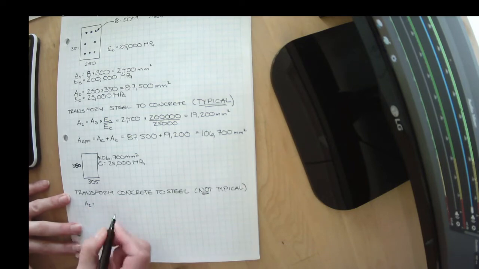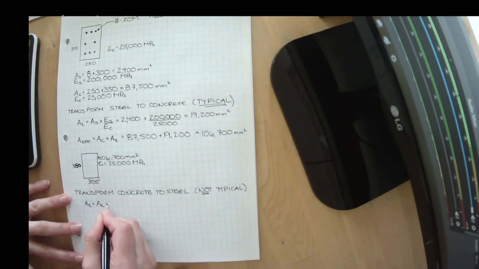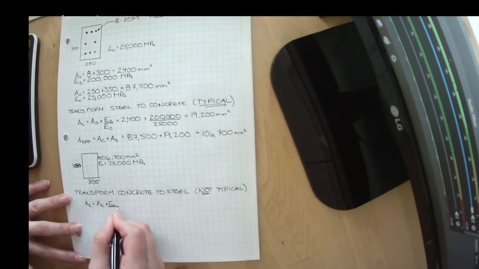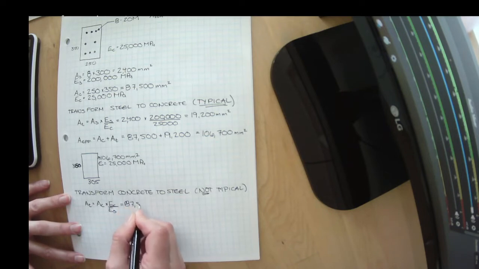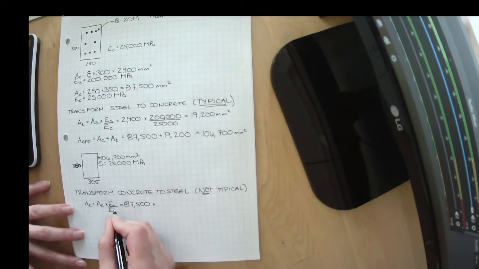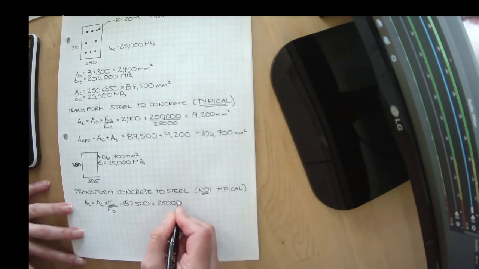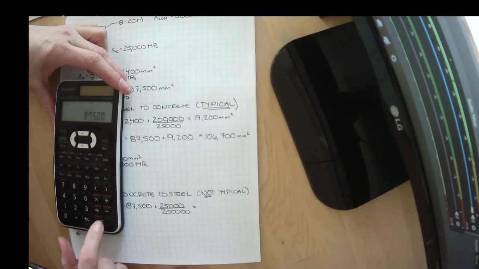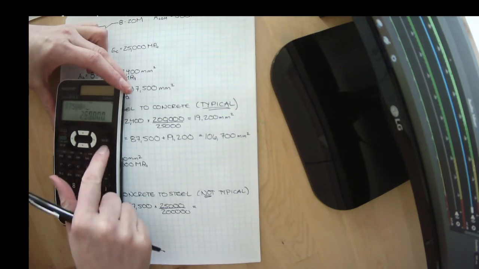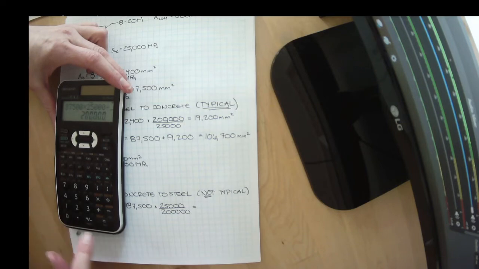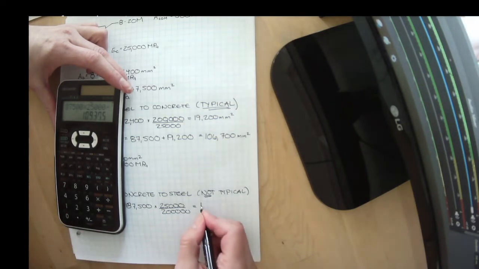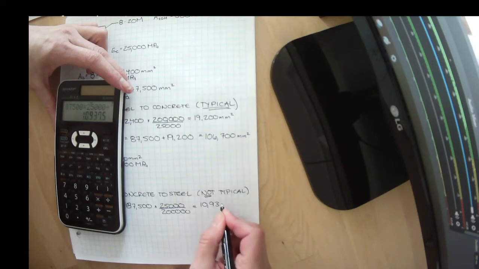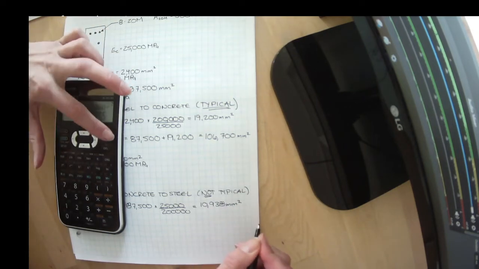So the area of the transformed section is going to be the area of our concrete times the E of our concrete divided by the E of our steel, or 87,500 times 25,000 divided by 200,000, and we get 10,938 millimeters squared.